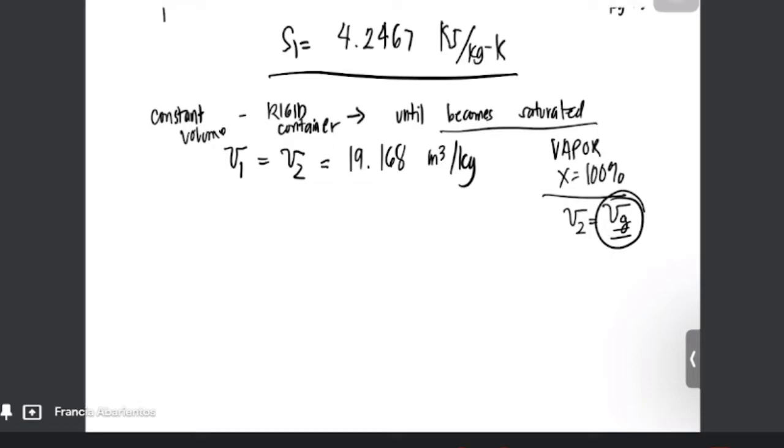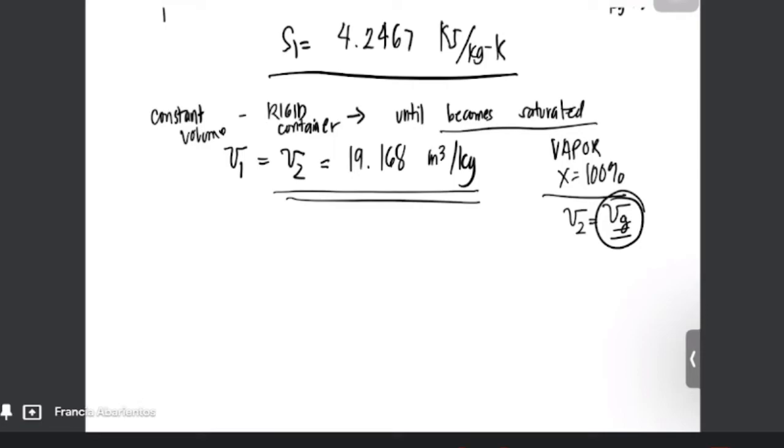Okay? Ibig sabihin, class, hahanapin mo yung values sa table wherein 19.168 cubic meter per kilogram.